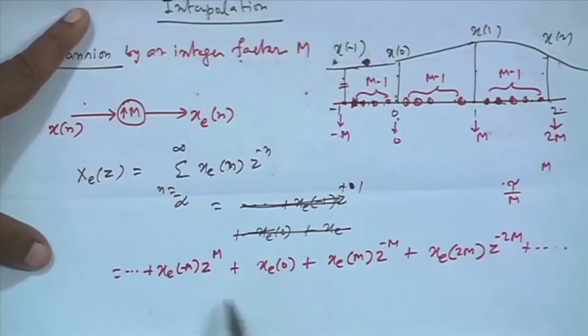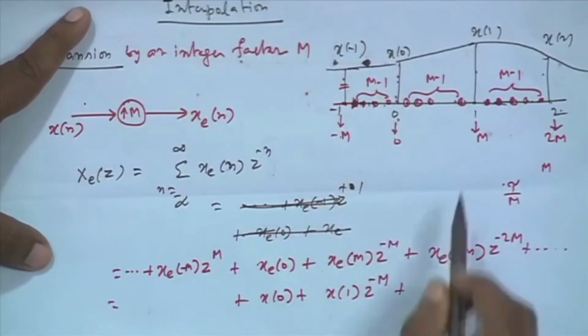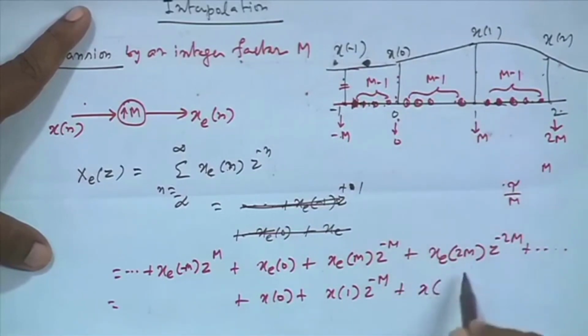What is x_e[0]? The same as x[0]. What is x_e[m]? That was original sample number 1, x[1]. What is x_e[2m]? Original x[2].